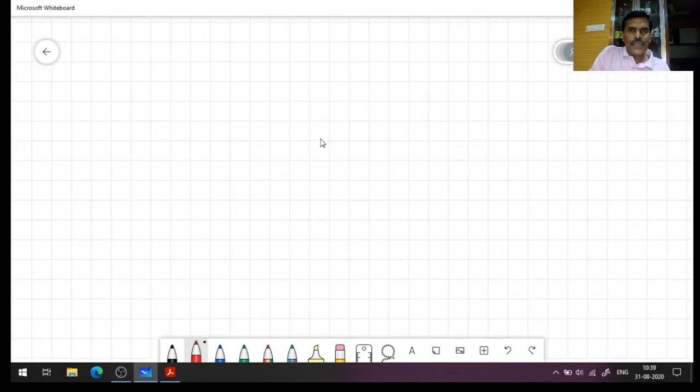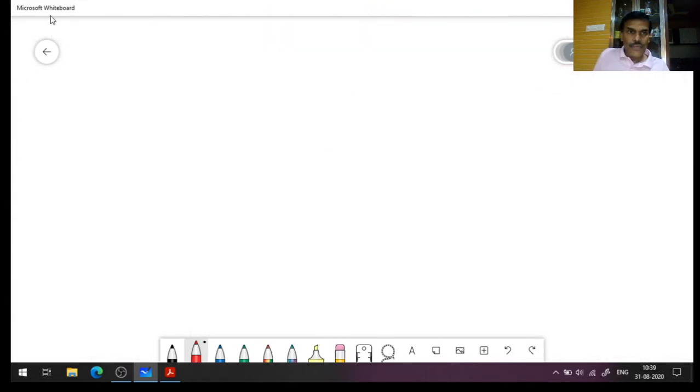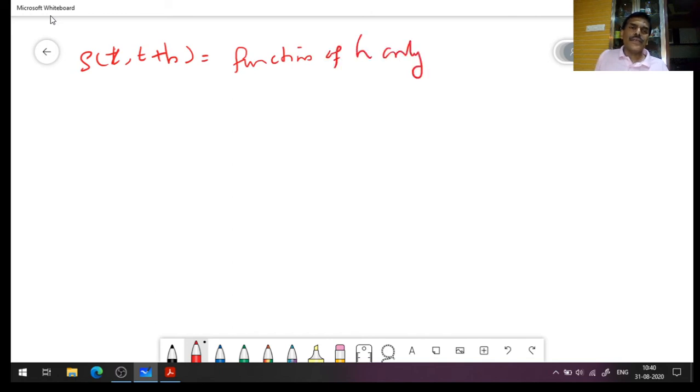So, for example, if you are computing rho(t+h), this should be a function of h only. Then only will we get a function of lag.